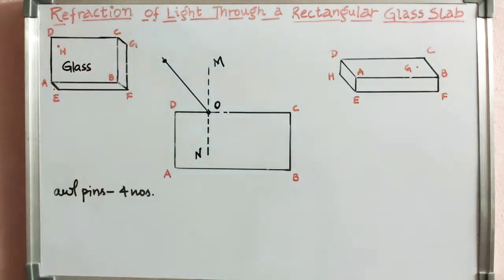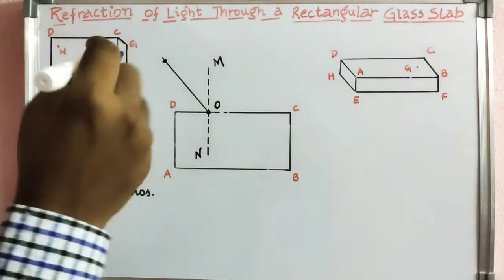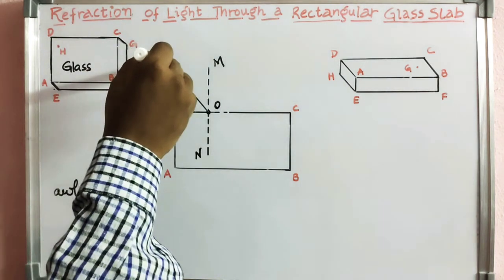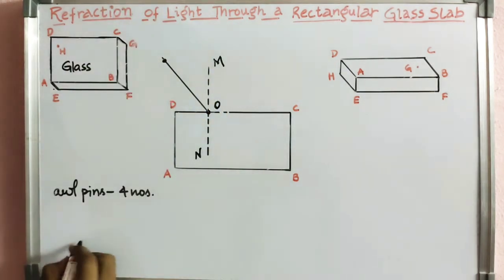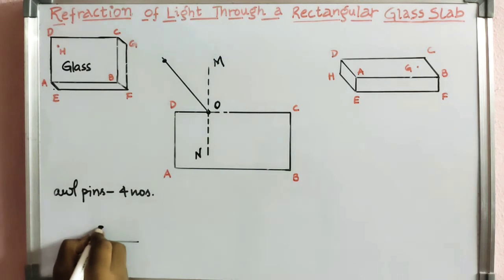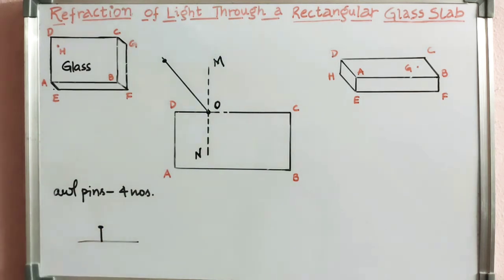Do not hurt your hand. And moreover, do not bend the all pin. It will bend easily, so do not bend it. Steadily, smoothly, carefully pierce it. It should stand exactly perpendicular to the paper.